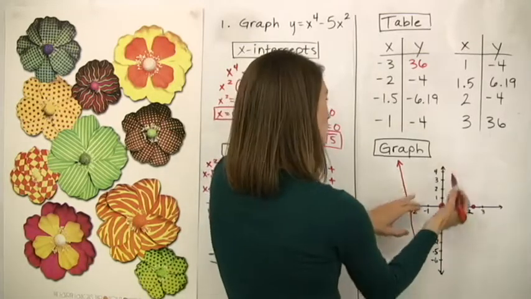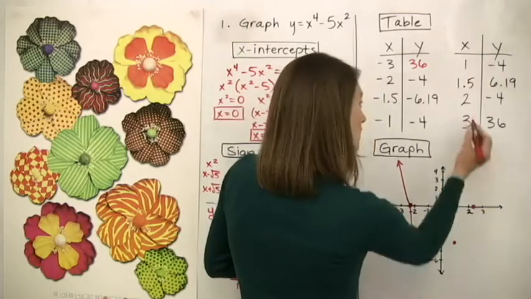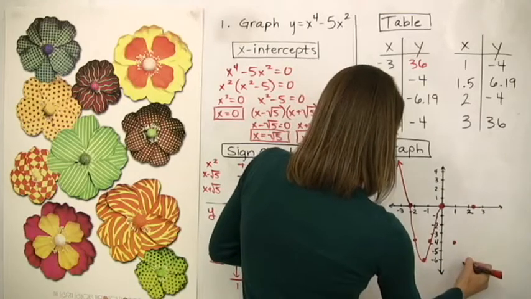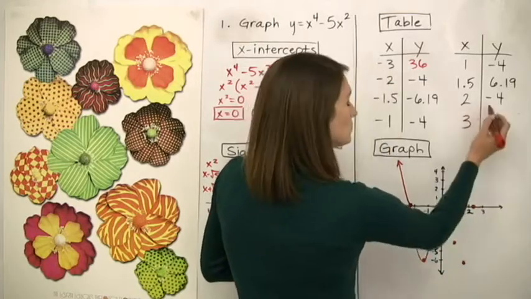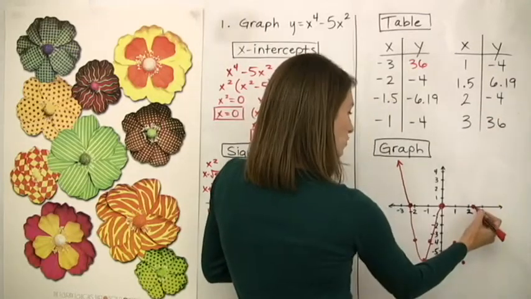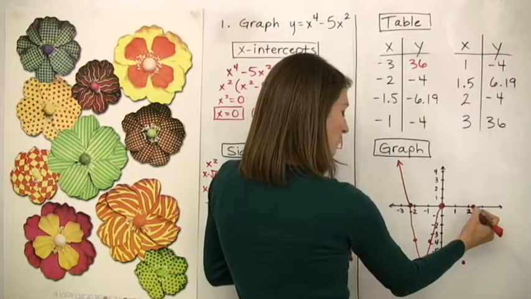So then moving on, plotting our points with 1, -4 here, 1.5 and -6.19, which is about here, 2 and -4 here, and then it crosses the x-axis here at √5.